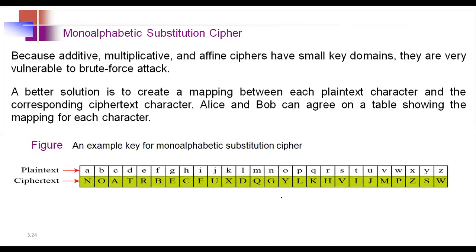That means if you use these additive, multiplicative, or affine ciphers, the key value is very small, whether for addition or multiplying. That's why the attacker, by using the brute force attack technique, may try the different key values.